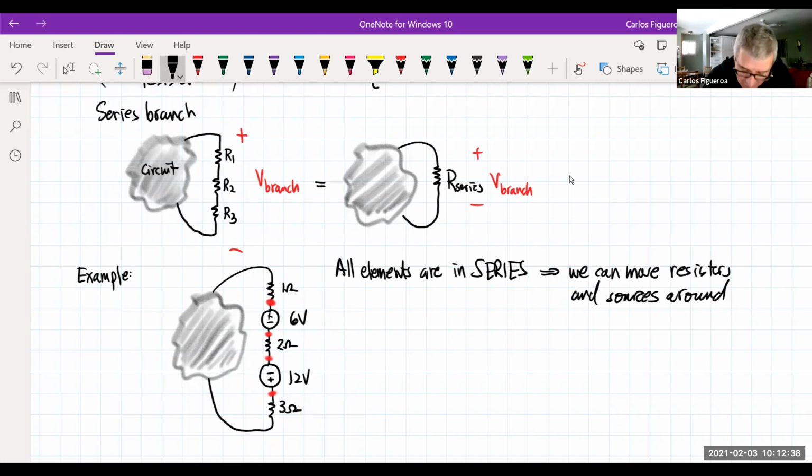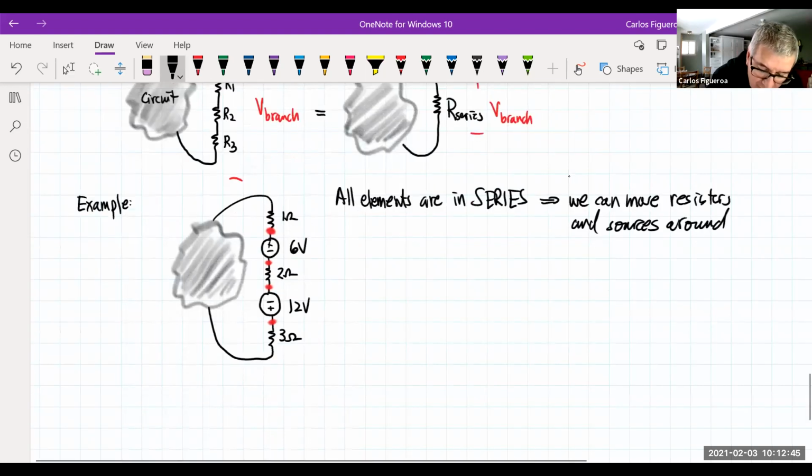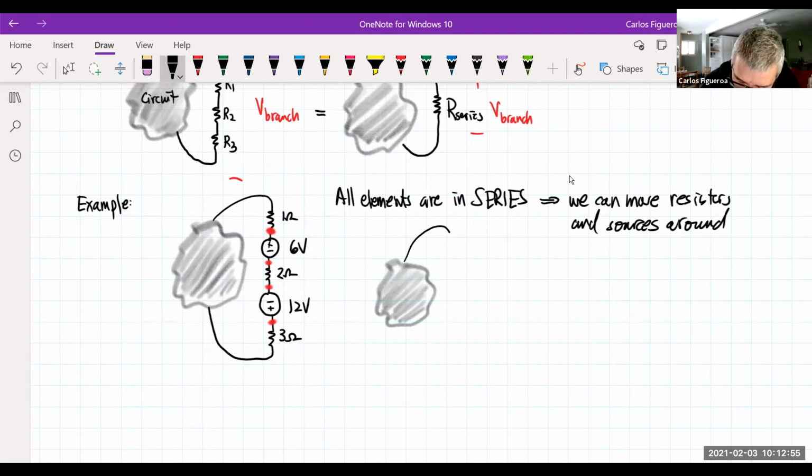So that means here is that I want to take this circuit here and I want to redraw it. And the way I redraw this here is that I come in here and I'm going to say, okay, here's my circuit. So what I'm going to do here is I'm going to take all of these resistors and I'm going to move them so they're all right next to each other. So here's my 1 ohm, my 2 ohm, my 3 ohm.